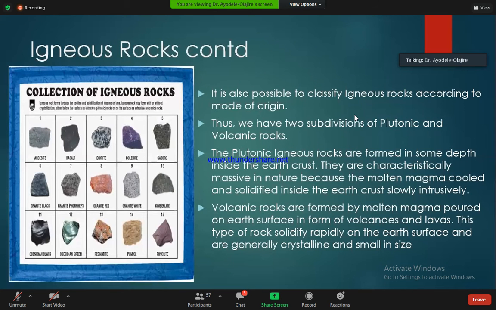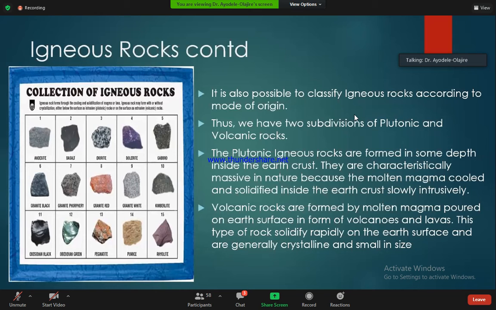Now, apart from classifying igneous rocks by their mineral content or chemical composition, we can also classify igneous rocks by their mode of origin. That is where they are gotten from or where they are sourced from.